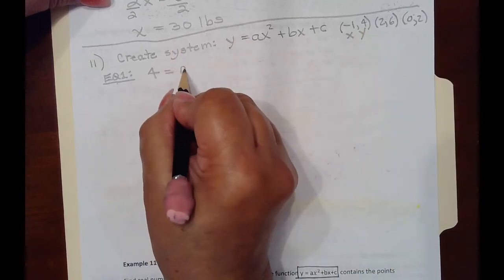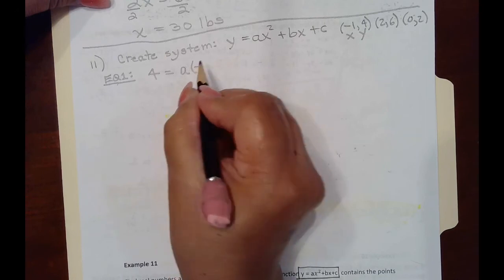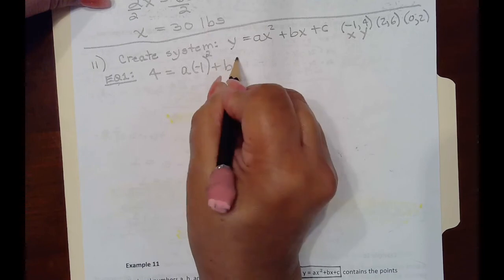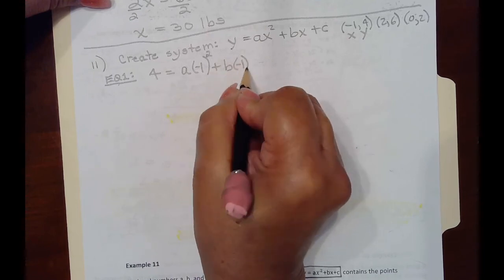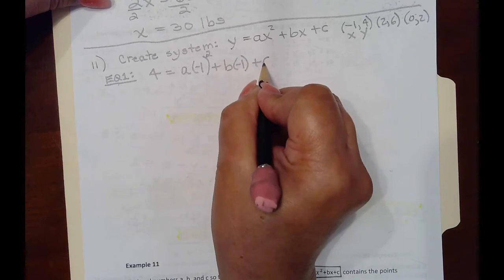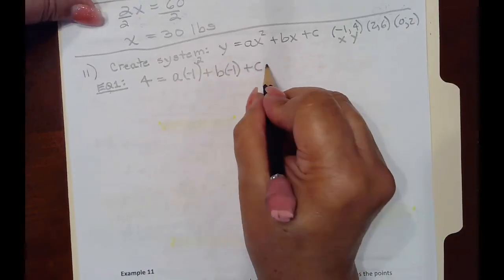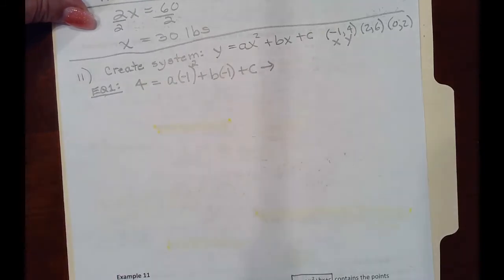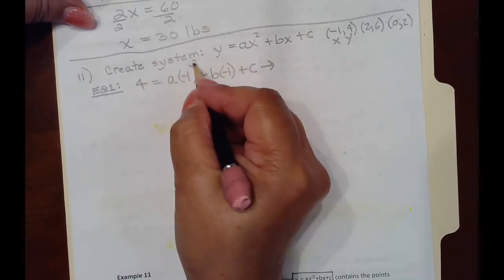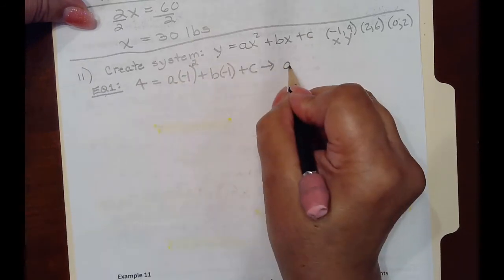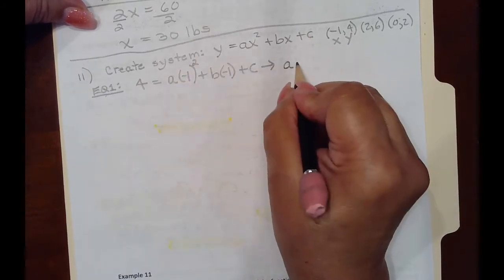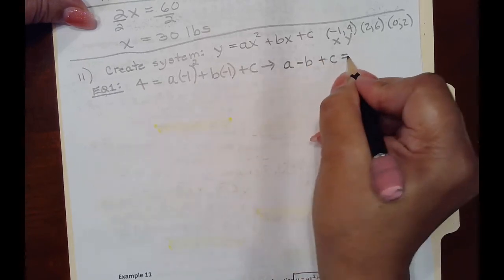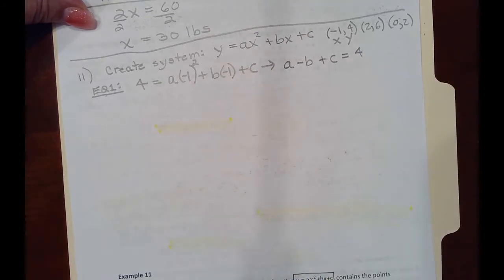That x is negative 1, and we're going to square it, plus b times x, which again is negative 1, plus the c value, which we don't have anything for. Cleaning that up a bit, I'm going to put my variables on the left and this number on the right, because then we're going to solve it as a system. So negative 1 squared is just 1, 1a. Negative 1 times b, negative b. And then we have c, and then on the side with the constant, just a 4. You can flip-flop sides like this.